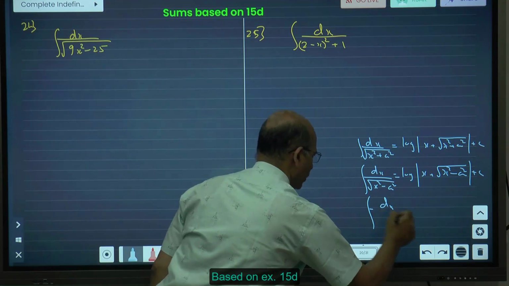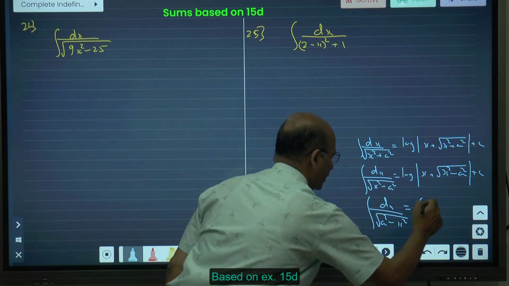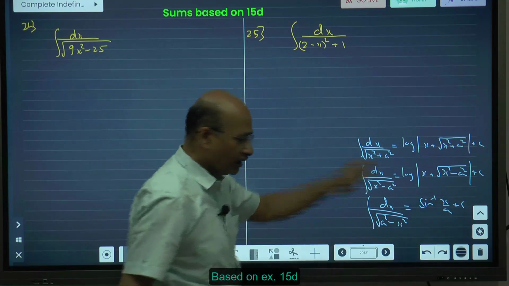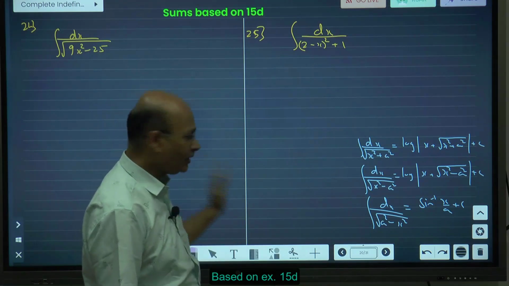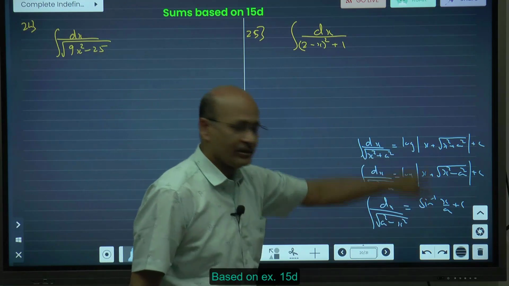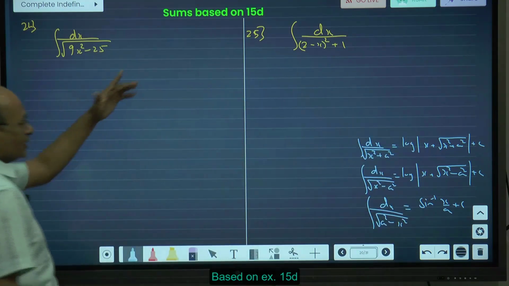Integral dx upon root of a square minus x square is sine inverse x by a plus c. So, these are the three things which I showed you all in chart B, that is dx upon this pattern. So, the formulas are here. Just make a note of it, children, so that we can start working with the question.